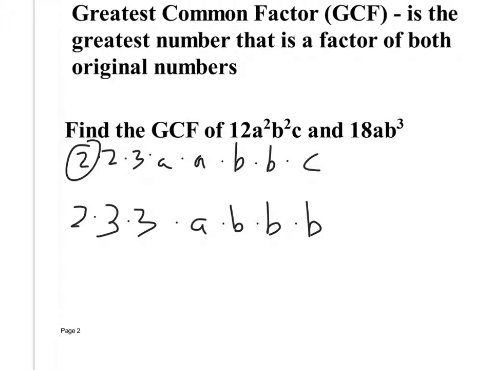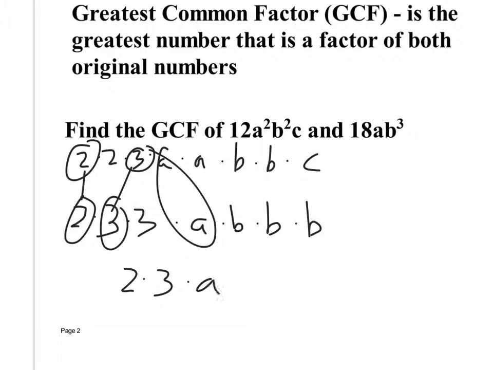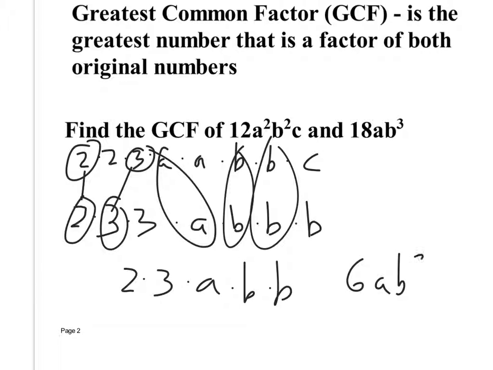There's a 2 that appears there. There's a 3. There's an a and 2 b's. And that's it. So the greatest common factor, if you worked it all out, you would get 6ab squared. That's the greatest common factor that's in both of these numbers.